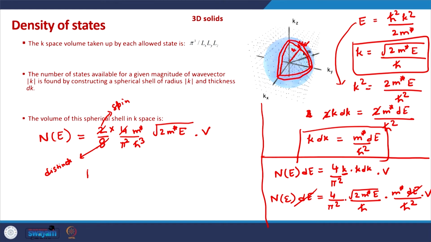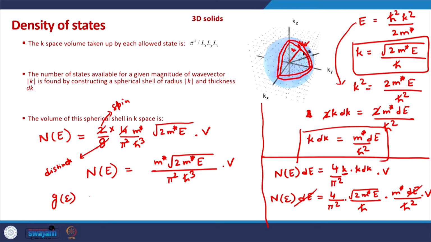Which means the total number of electronic states per unit energy is just m star square root of 2 m star E divided by pi square h bar cube times V. And the density of state now, so here we have considered the spin, we have considered the overcounting of electrons.